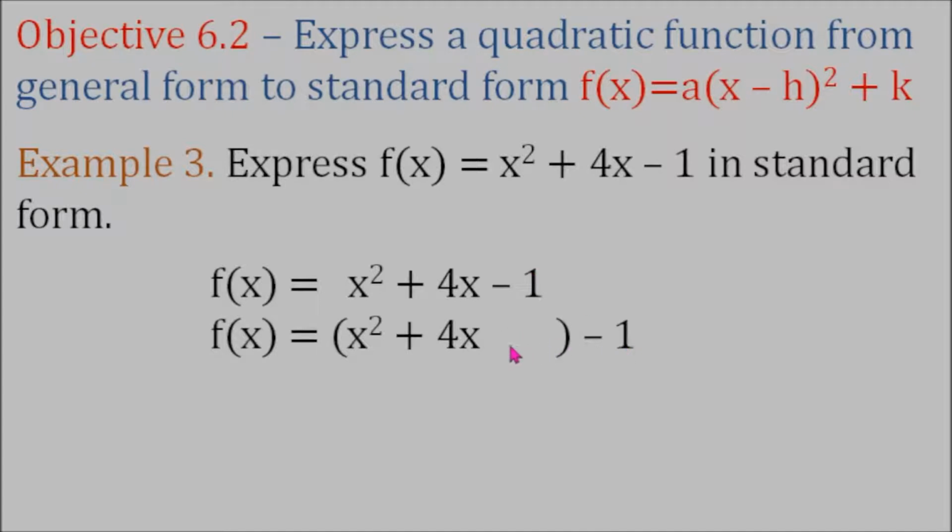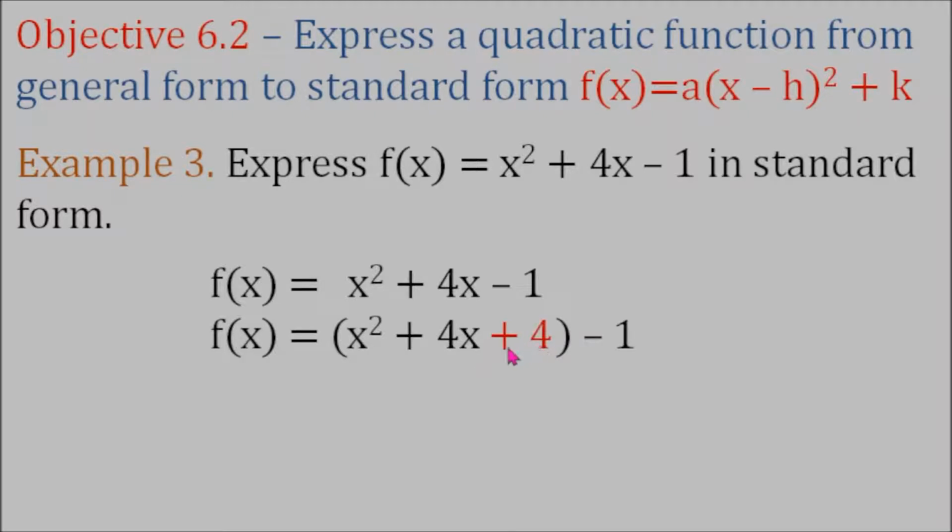Why do we have a space here? Because we are going to complete the square inside the parentheses. To complete the square, we are going to find half of the numerical coefficient of the second term. So it's 4. Half of 4 is 2. Then square it, meaning to say 2 times 2, that's 4. So we add 4.